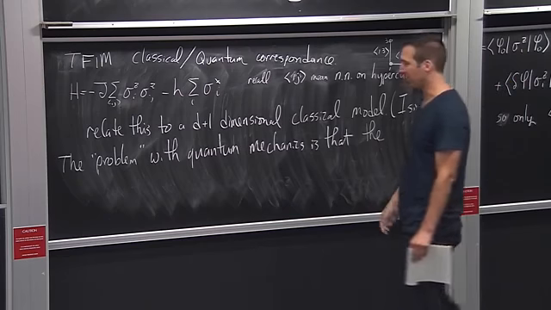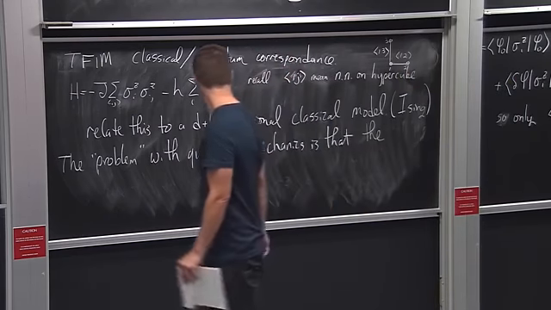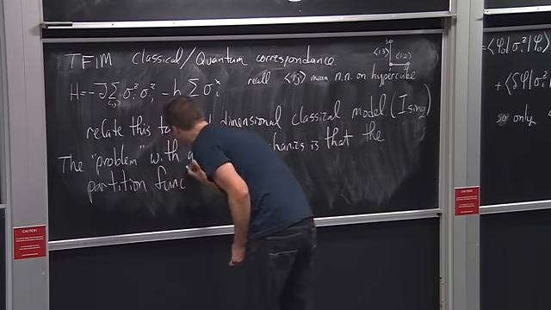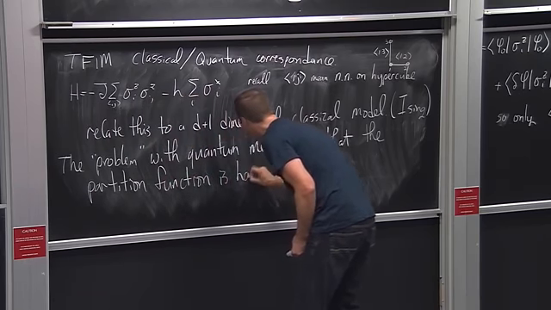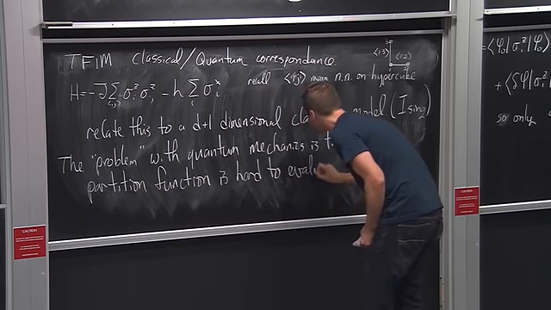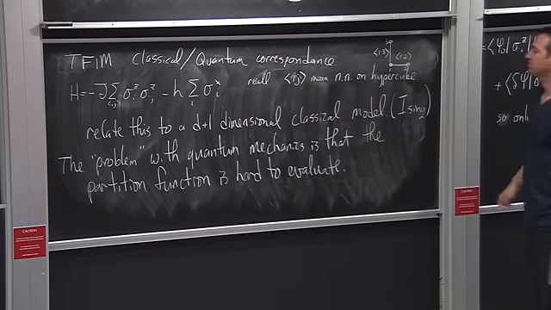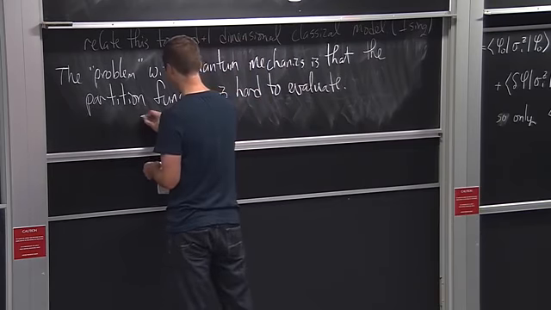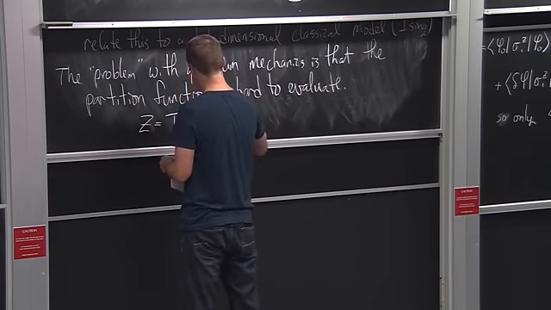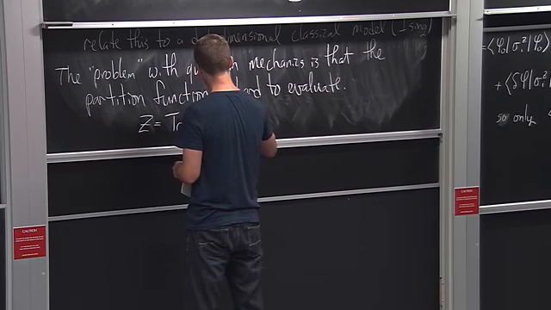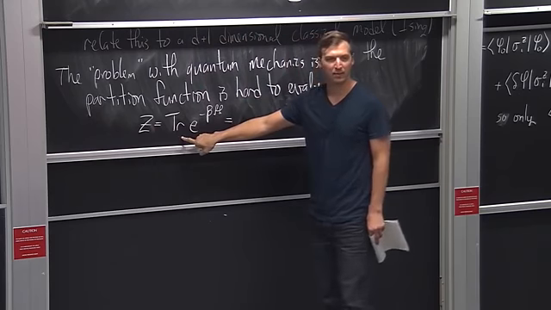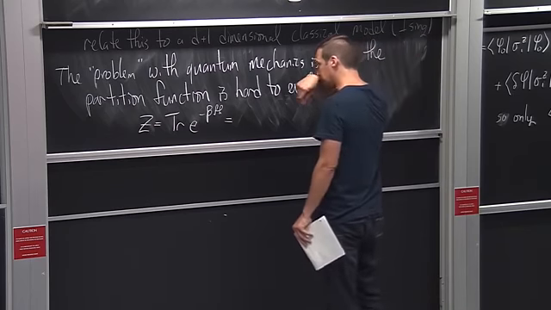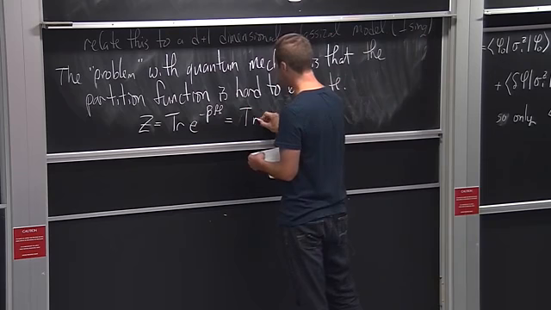We take the trace, we solve all the equilibrium stat mech properties, just like we do with classical physics. By hard to evaluate, I mean, I want to take this trace, beta, but I can't just take this trace as a sum over, I don't know, sigma z basis states or something, because there's no common basis for the two terms.